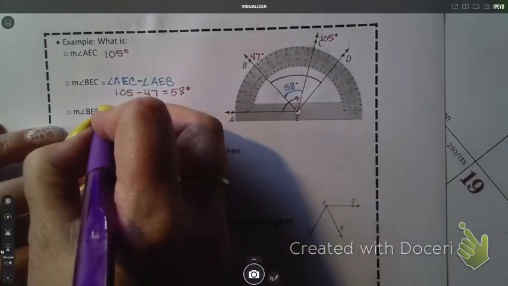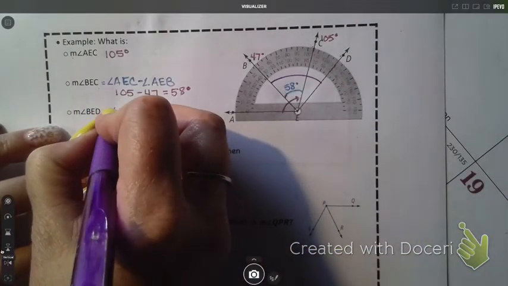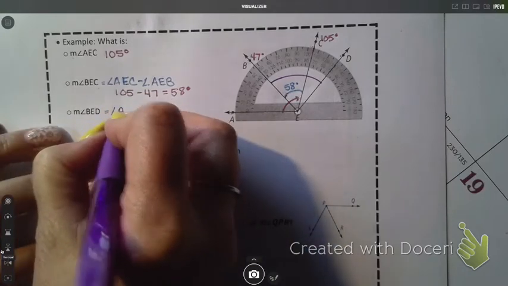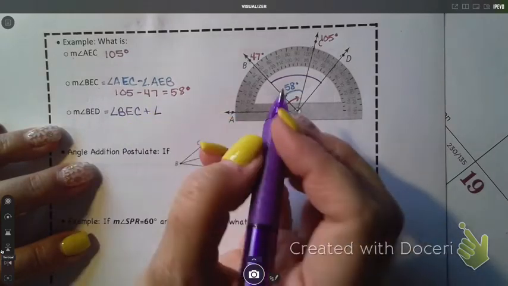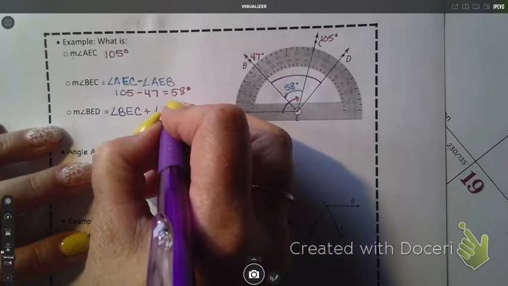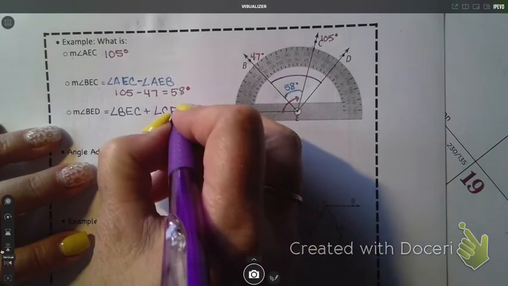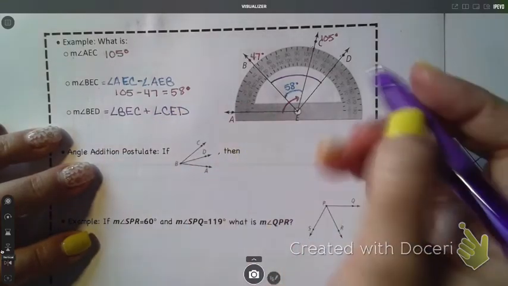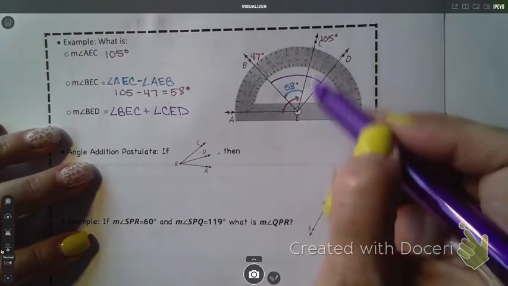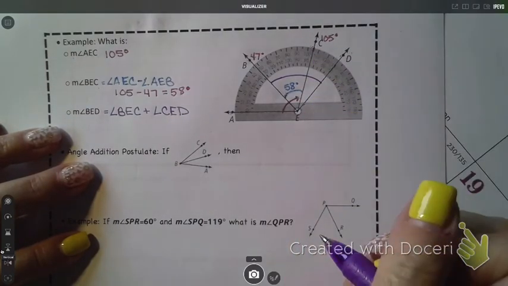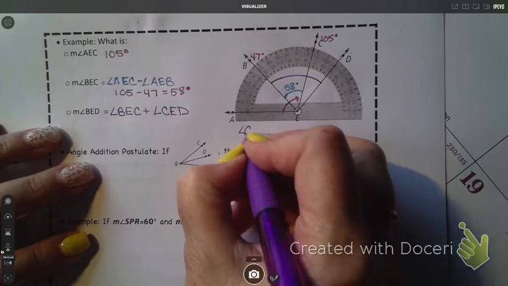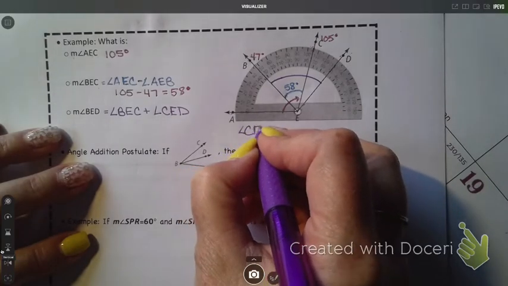So we're going to take angle BEC and add it to angle CED. But first we have to figure out CED. So how are you going to figure out CED?